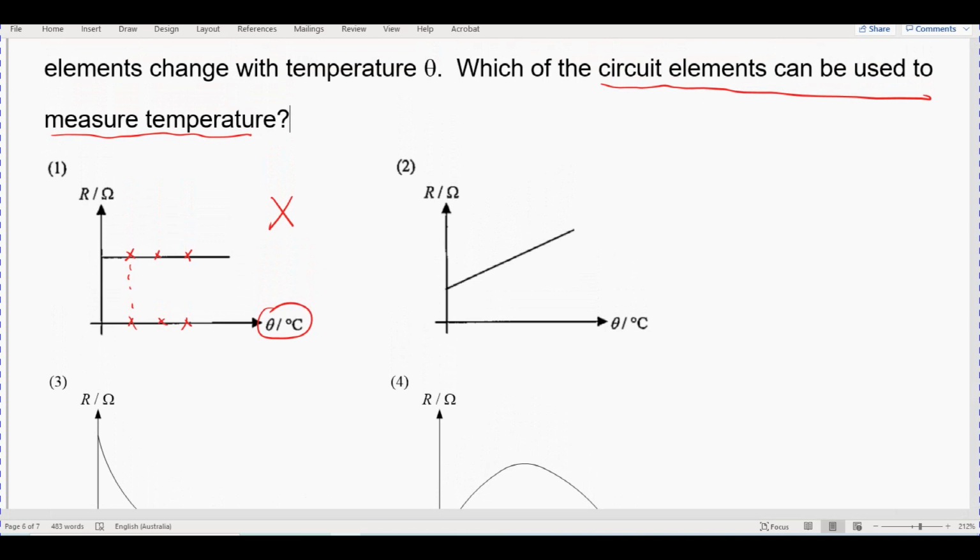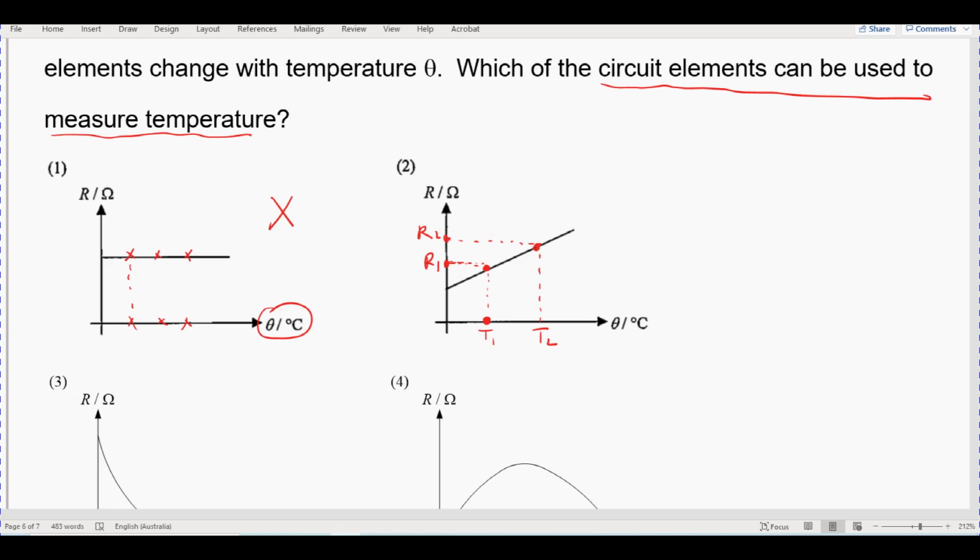Okay, how about the second one? The second one is good, because at different temperatures, say at this temperature 1, you have resistance 1, then at another temperature you have another resistance. So by measuring the resistance, you can figure out the temperature from that graph.